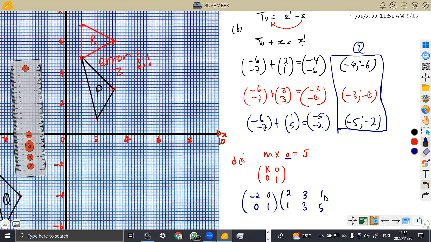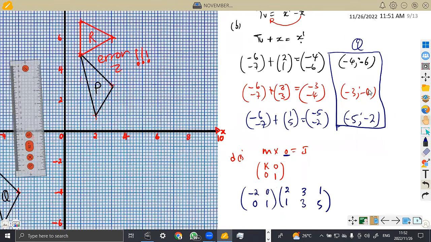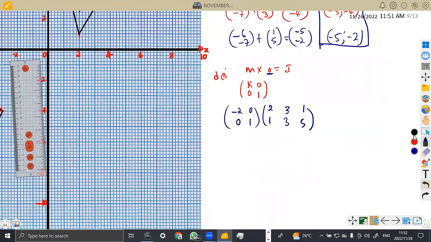So guys, this is just direct matrix multiplication, row by column. We can obtain the answer. That's this row by this column. We do not want to waste much time, guys, because we can see that it's -2 and 2, which is -4, 0 and 1, that's 0, -2 and 3, that's -6, -2 and 1, that's -2, because the 0 is going to be +0, which does not affect anything.